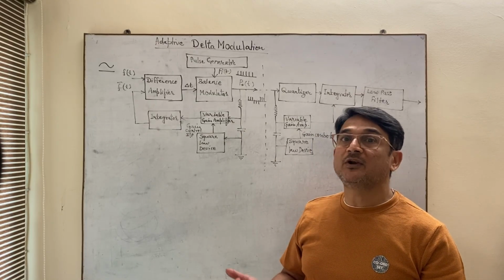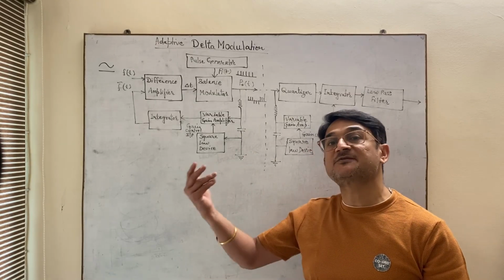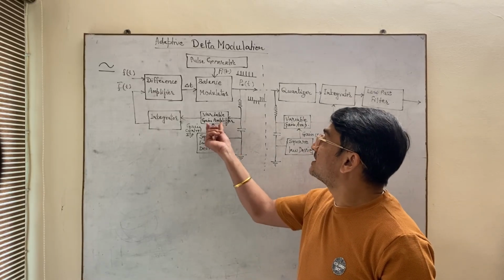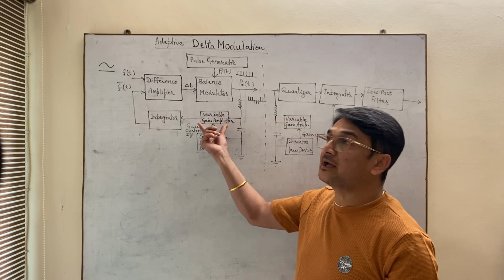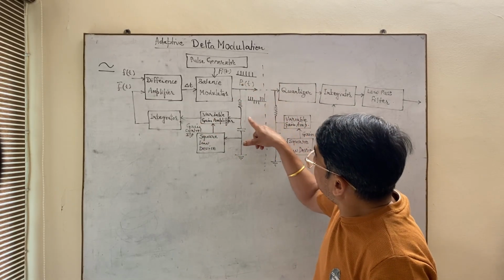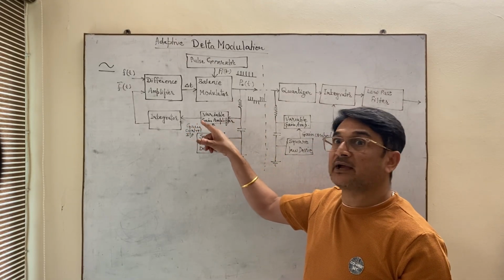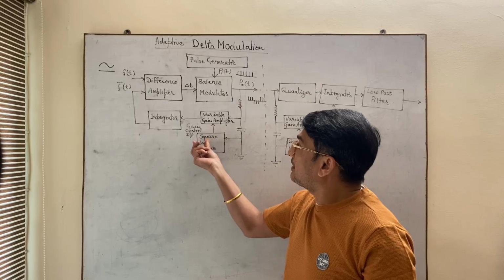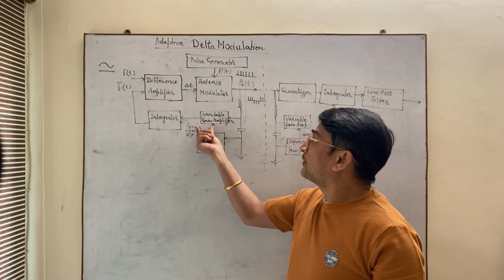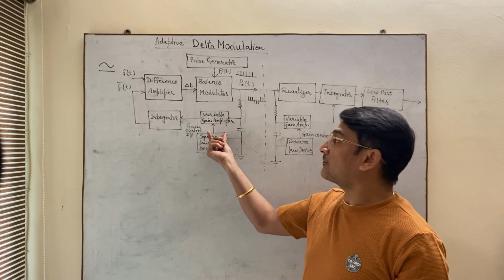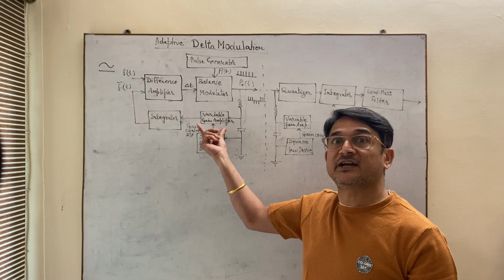That means the output will be large positive pulses irrespective of the polarity. This is given to this variable gain amplifier. Now the pulses go to this variable gain amplifier and some gain control input is controlling the amplitude of these large positive and negative pulses.